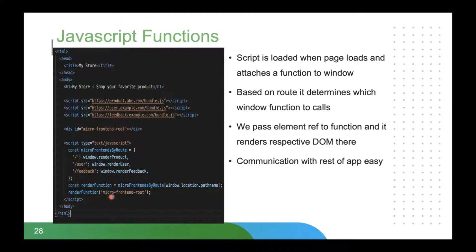Then the micro frontend will inject everything into this element ID in the DOM. The biggest advantage in this case is that communication with the rest of the application is very easy.